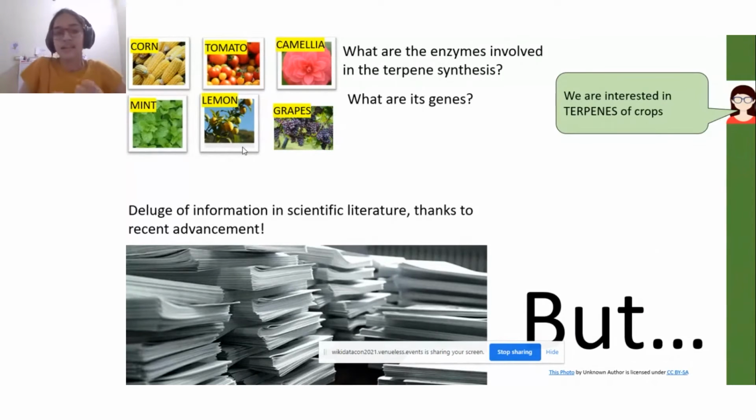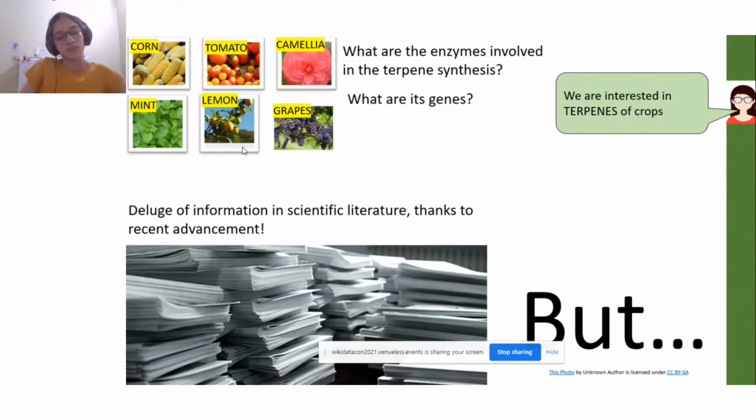Thanks to recent advancements, there is a deluge of information about genes and genomics in the scientific literature. However, we aren't making full use of it because it is so huge. And that's where machines can help us, and that's what we've been doing at CV Open.